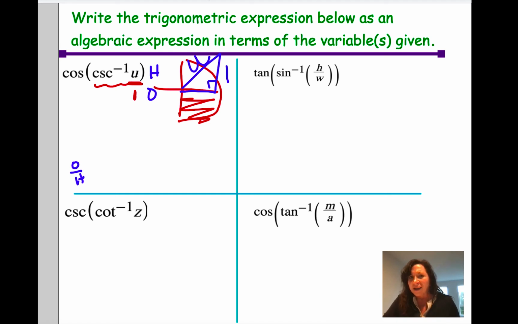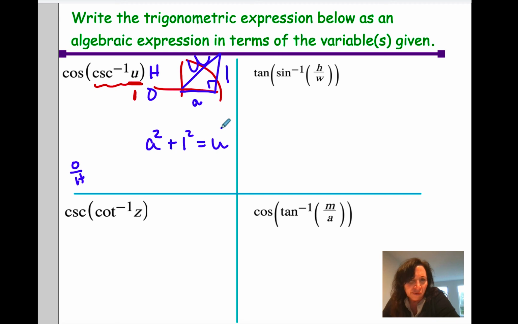We do actually need to find this bottom value here. So I'm going to erase that. And in order to find that value, we need to use the Pythagorean theorem. So I'm going to call this side A, just for fun. And A is going to go away in a minute. But the Pythagorean theorem says a squared plus 1 squared is equal to u squared. A squared is equal to u squared minus 1. 1 squared is just 1.